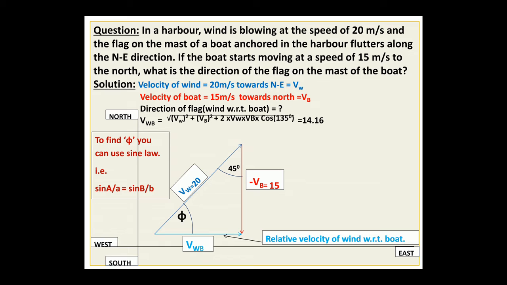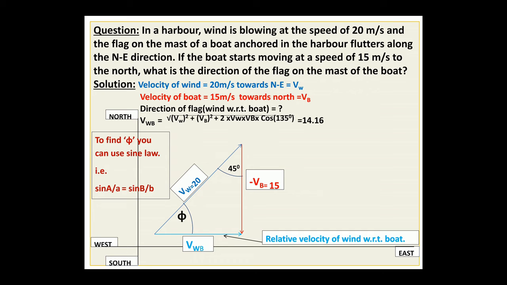To find phi, you can use the sine law. If you remember the sine law, you know that the sine of an angle divided by the length of the side in front of that angle is a constant for a given triangle.